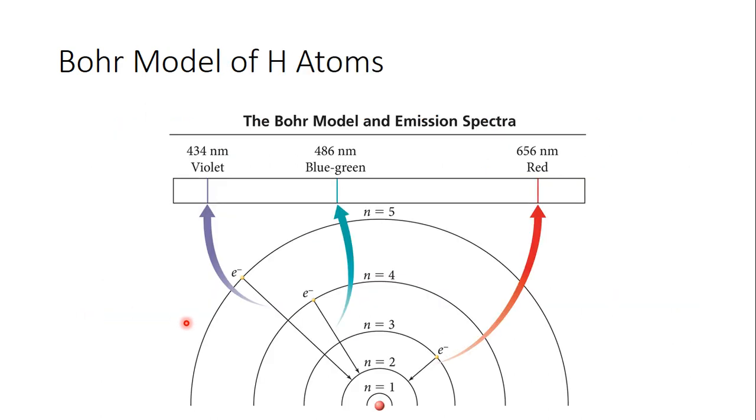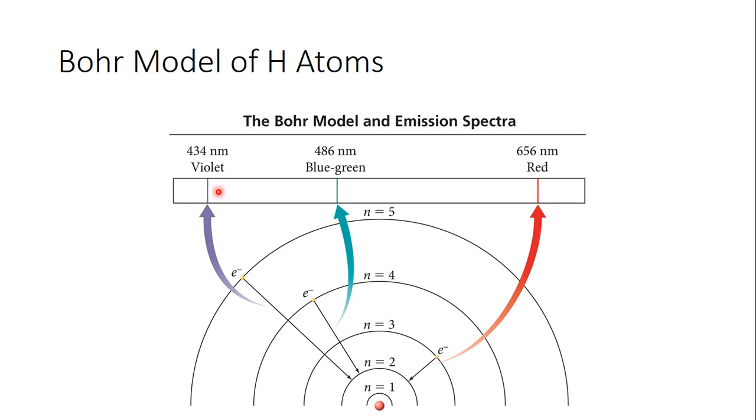Alright, and so here we have what that looks like in pictures. Imagine you're in energy level 5 and you go down to energy level 1. You went from high energy to low energy, and you give off radiation here in the form of light. It's a violet. Now, if you go from energy level 4 to energy level 2, you give off blue-green light.